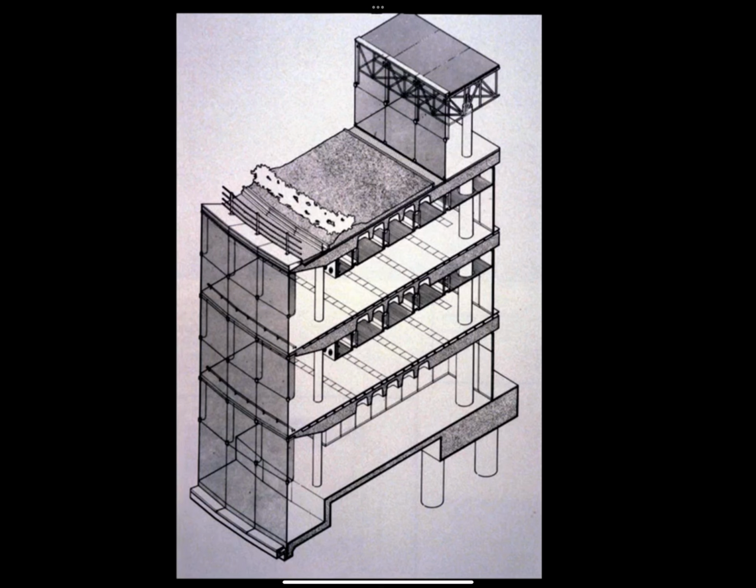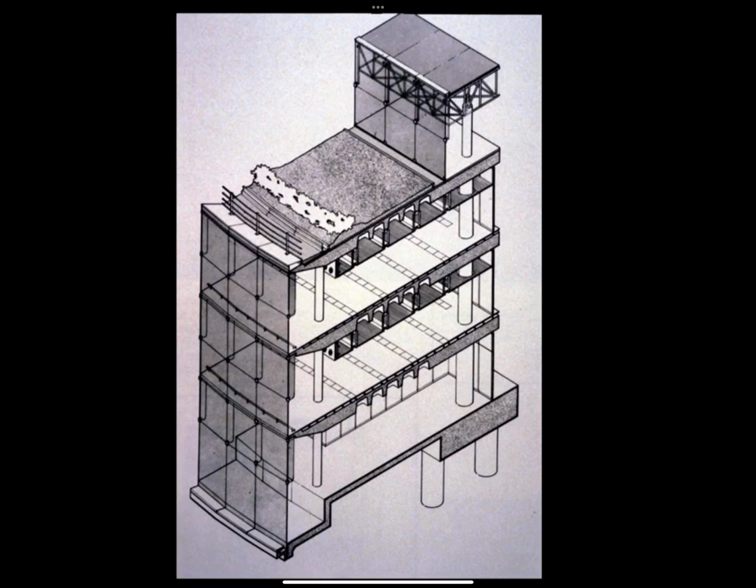But I wanted to start with this image, which is a section axonometric, and just to say to you that this is a very efficient drawing. It shows the structure of the building. It shows the suspended ceilings. It shows the envelope system.